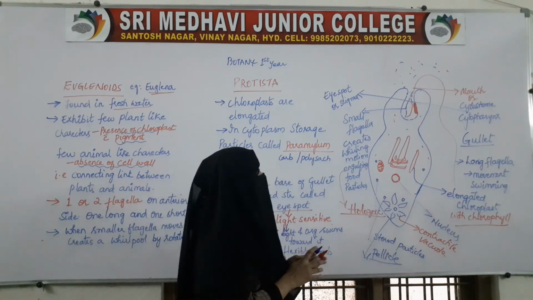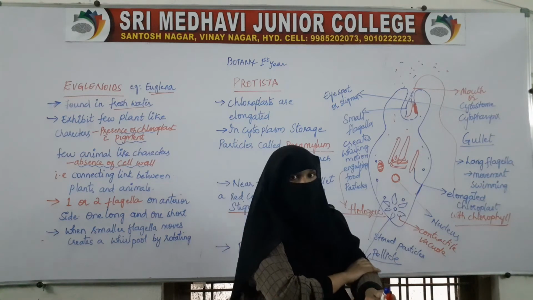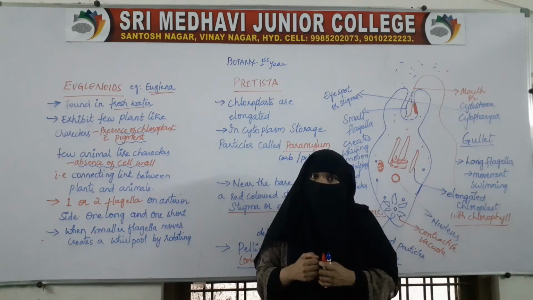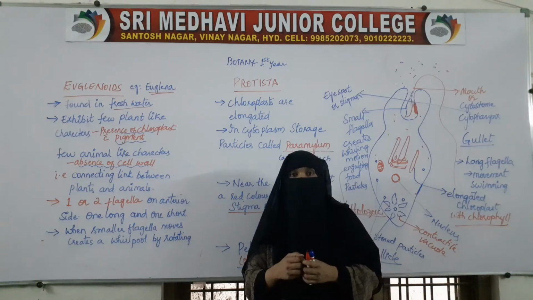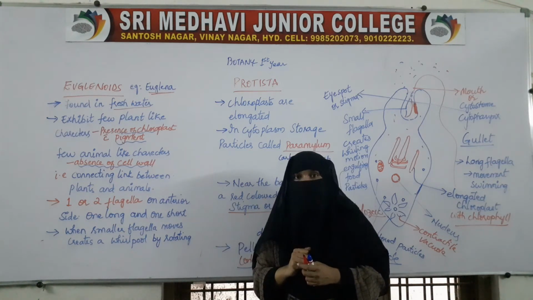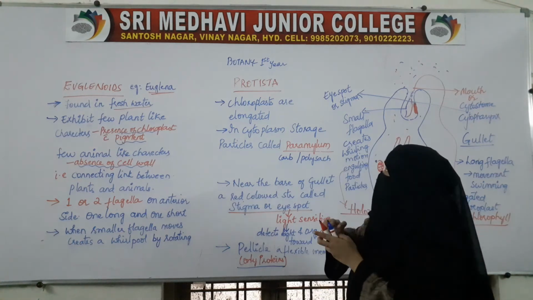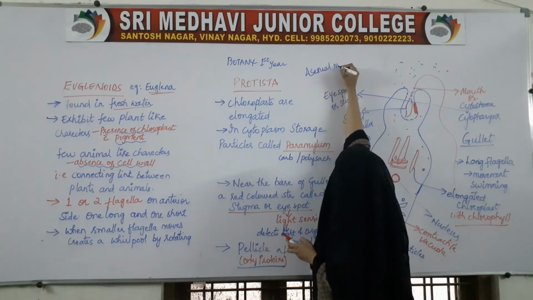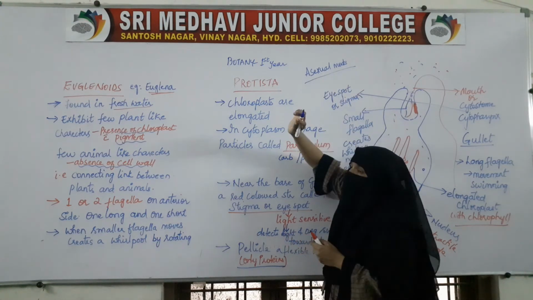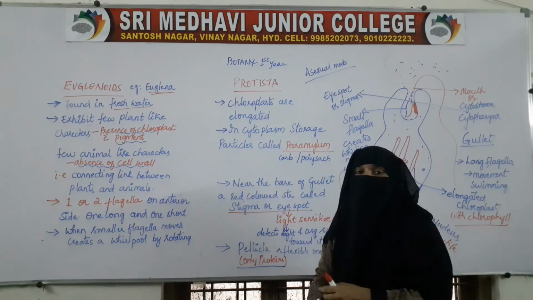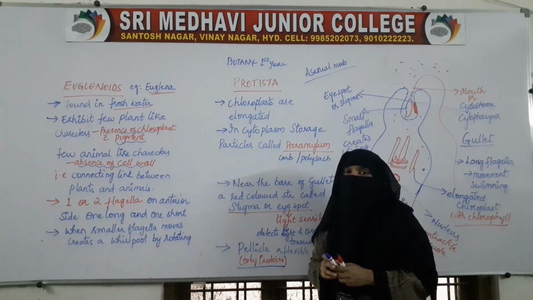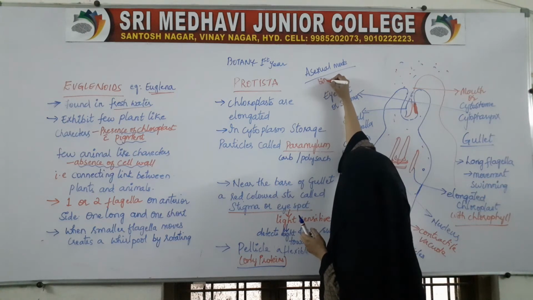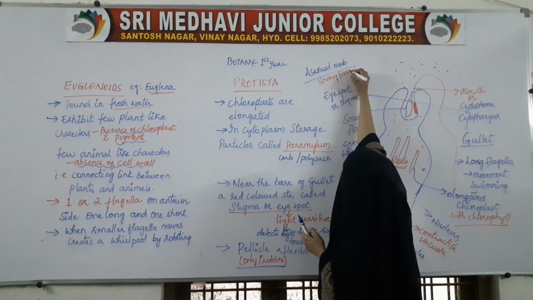So, now we have discussed the structure, where they are found, how they take the nutrition. Next we will see how reproduction takes place in this Euglena. Reproduction is by asexual mode. Most of the time, the most common method of reproduction is asexual reproduction by binary fission.